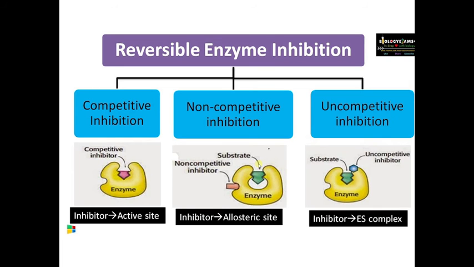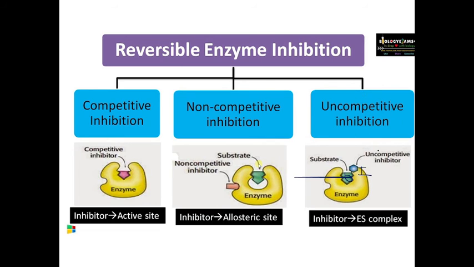Look at this diagram. This is the substrate, this is the inhibitor. See, the inhibitor is sitting on the substrate. Here the inhibitor is not moving into the active site; it is choosing another place.